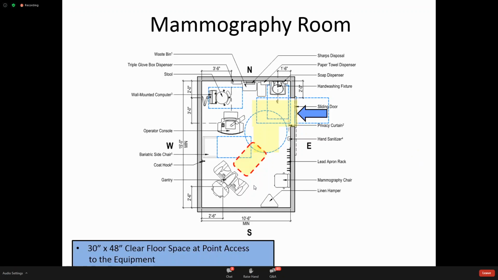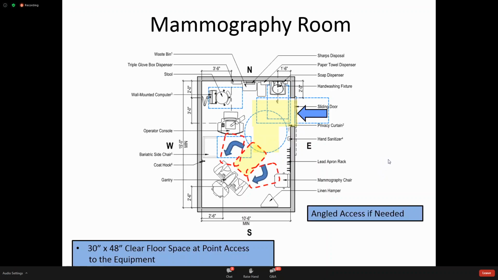You have to then provide a 30 by 48 inch clear space at the point at which the patient interacts with the equipment. Now, I've been told, but I don't know from firsthand experience, that you need to operate this at times at an angle. So you may very well need to actually provide some clear space so it can be approached from the sides.